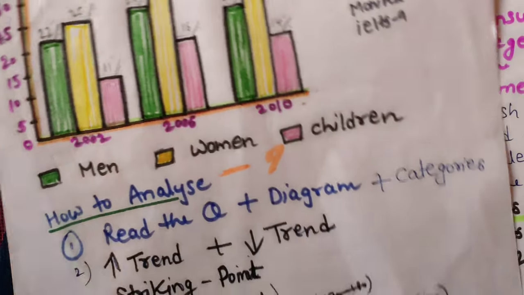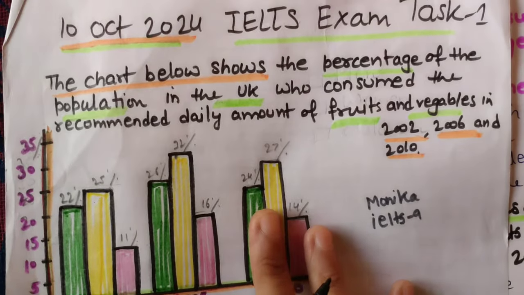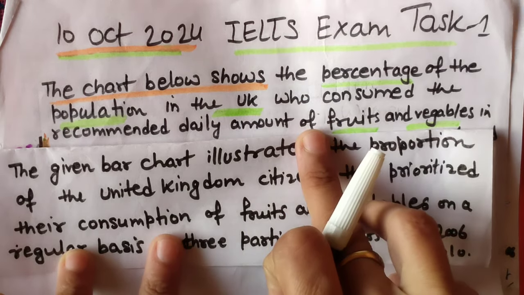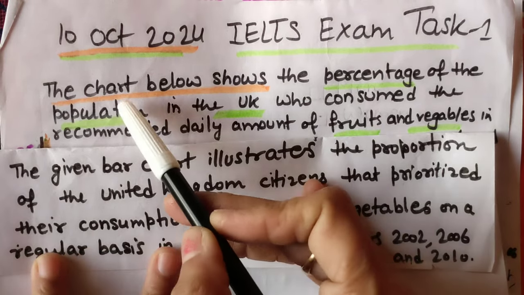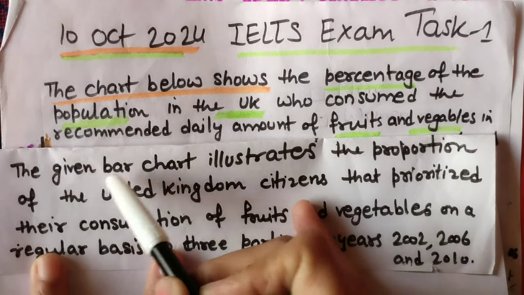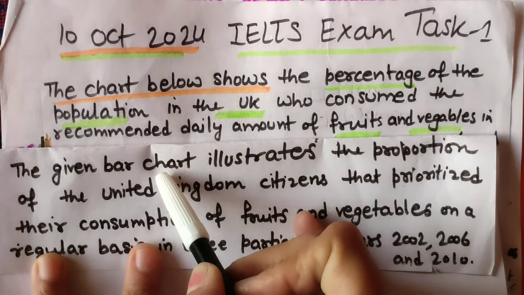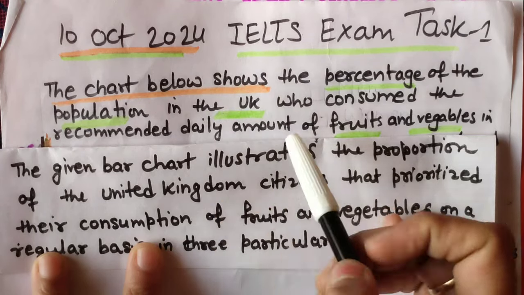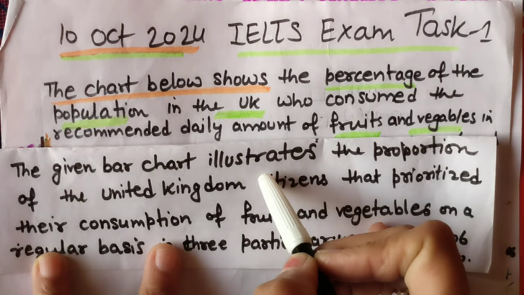Okay, now let's do the introduction. How to write the introduction? The introduction is just a paraphrasing of the question statement. How I have done it: instead of the chart below, I have written the given bar chart, or the presented bar chart you can also write. Instead of shows, I have written illustrates, or you can write depicts also.